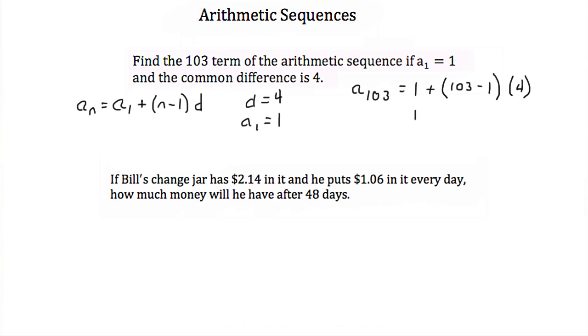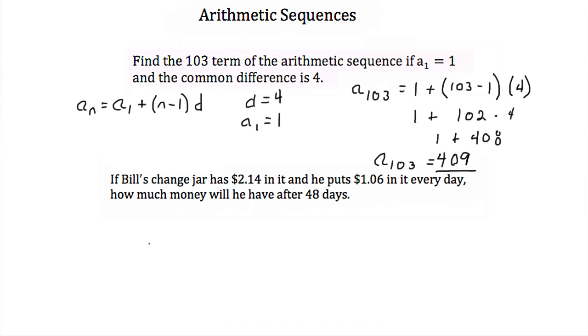You end up with 1 plus 102 times 4, which is 408 plus 1. So the 103rd term is equal to 409.